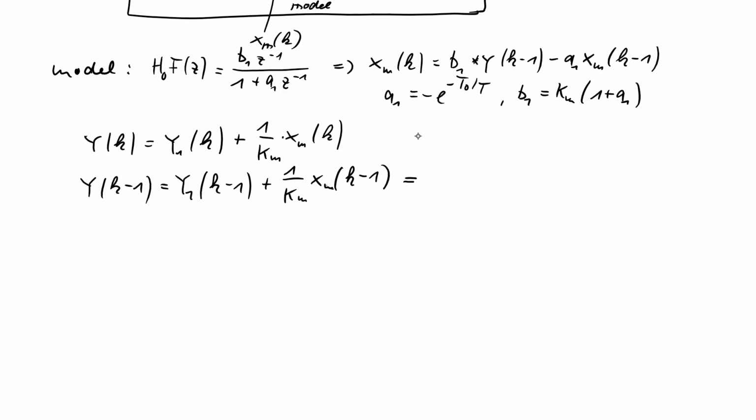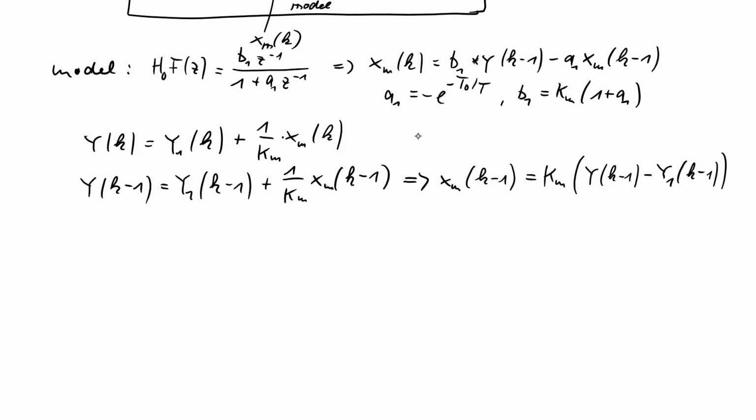Now I solve this equation for the xm of k minus 1 expression. I bring y1 to the left side and multiply with Km. So this is Km times (y of k minus 1 minus y1 of k minus 1).